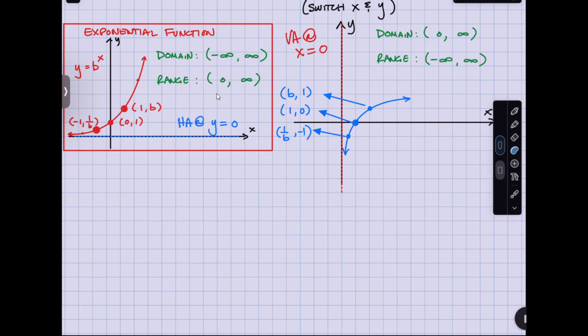What is the equation of this logarithmic function? Switch x and y.